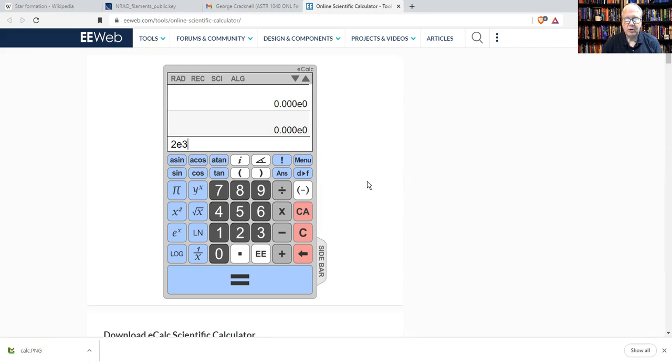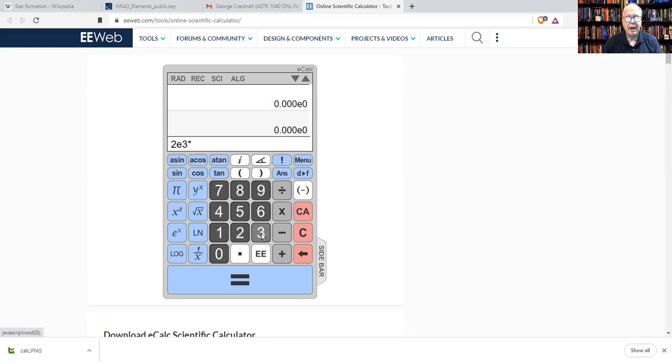So for instance, if I want to multiply 2 times 10 to the third power by another number, I'll click the multiply key. That shows up as a little star. And I multiply that times 3 times 10 to the 5th.